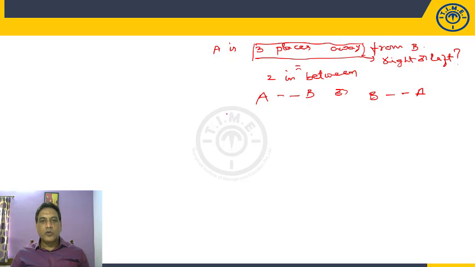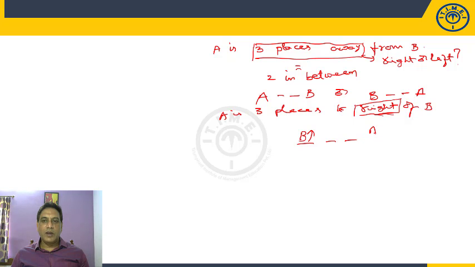If it says A is 3 places to the right of B, so which is the right of B? It all depends on which direction the person is facing. But if nothing is said about which direction the people are facing, we consider that it is north. So in this case, let us assume that B is facing north. Then right of B, if B is facing north, right of B, so this side, we have to leave 2 in between and take A here.